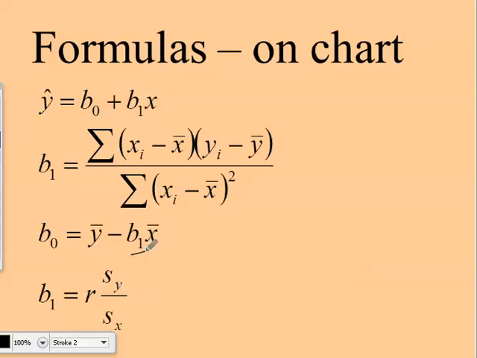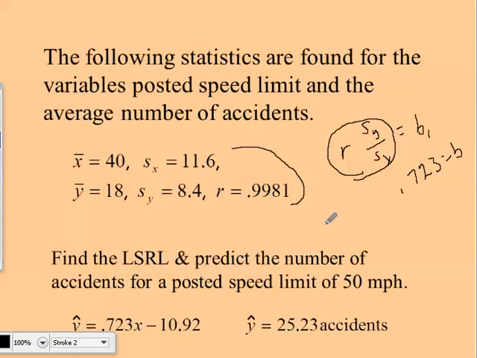Well, now that I've got the b1, I can use the x bar and the y bar to find the b0, right? So b0 is going to be equal to y bar, 18, minus, it was b1, wasn't it? Yes, it was b1. It was calculated right here. 0.723 times x bar, which was 40.